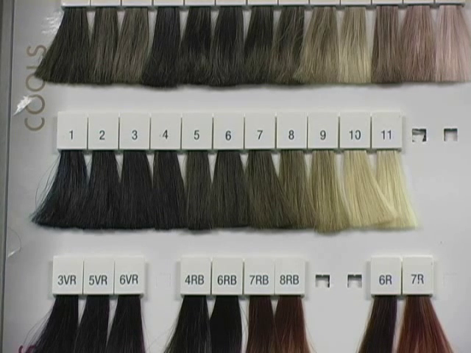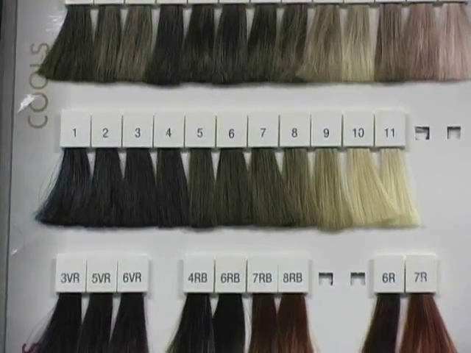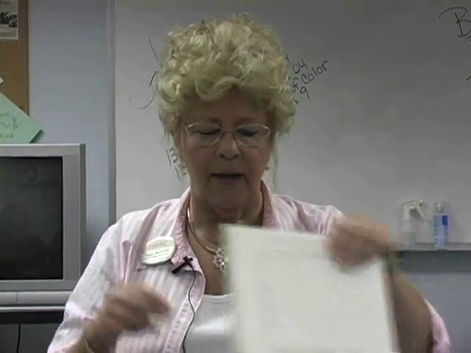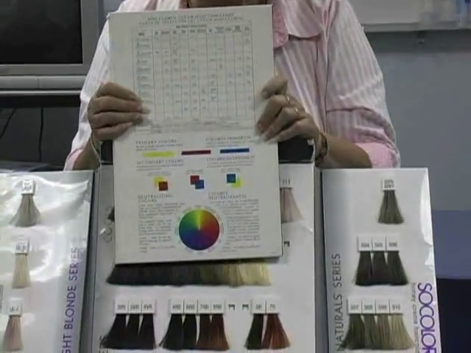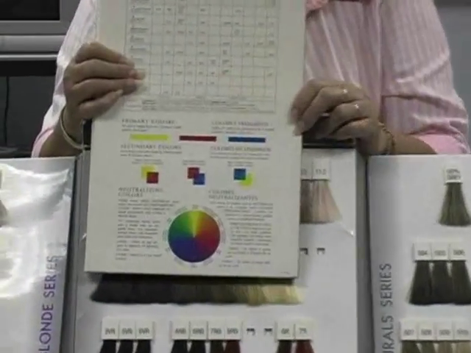We first decide what level is this hair she has, what level does she want to go to. Then we decide what tone or base color does she have and what tone does she want to go to. That's where our color wheel comes in really good. And Clairol even included us a color wheel on the back of their chart. If she's warm and wants to go cool, all you've got to do is look at the color wheel.